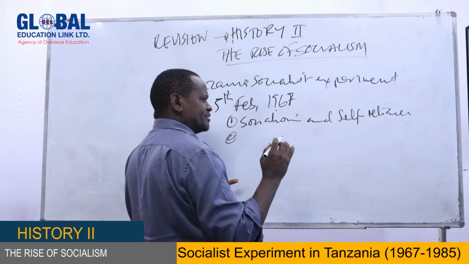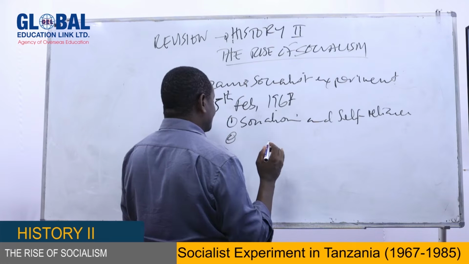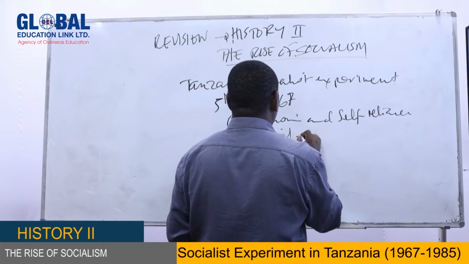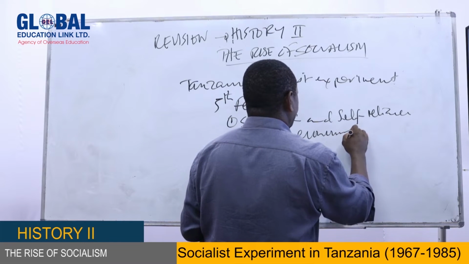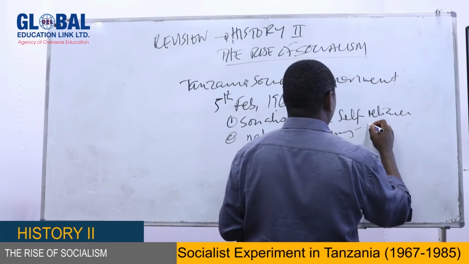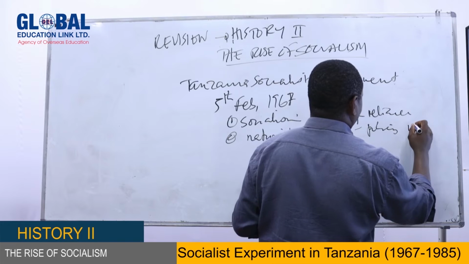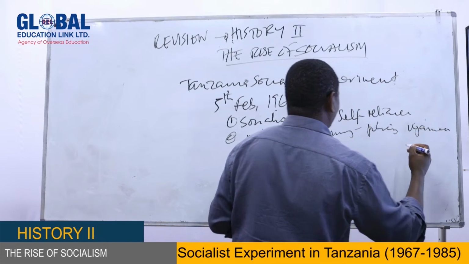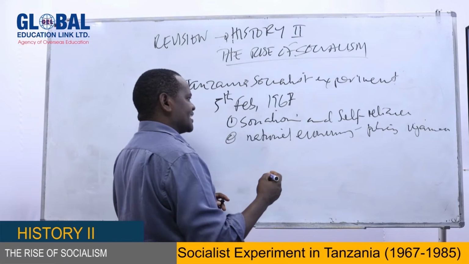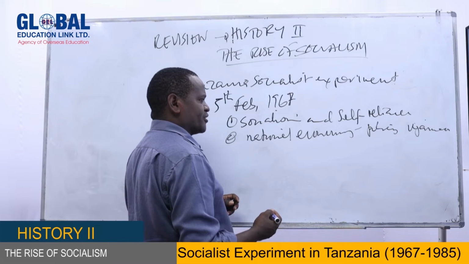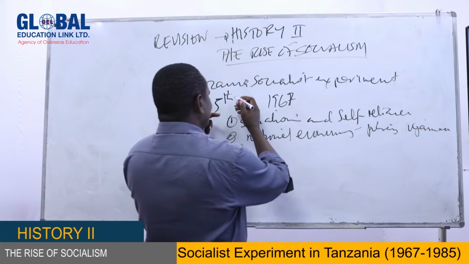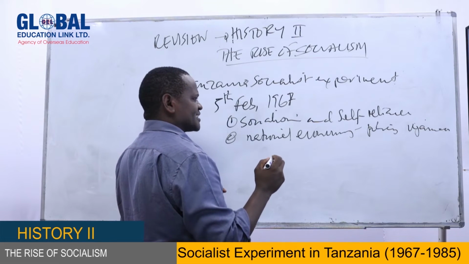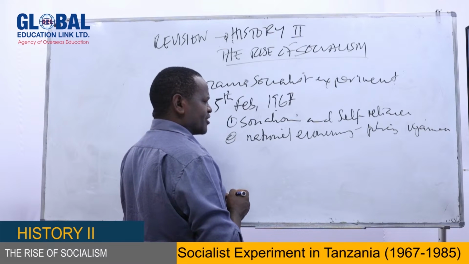It explained the principle of ujamaa, which is of course Mwalimu Nyerere's vision to develop the national economy. The national economy of Tanzania will be developed by using the policy of ujamaa. So ujamaa, in fact, became an ideology which is going to lead the development of our national economy. But also, the Arusha Declaration aimed at overhauling the Tanzanian economy.